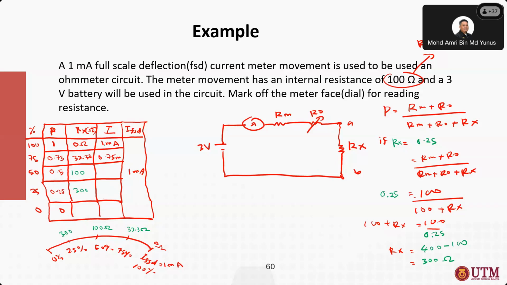I forgot to calculate what is I when P is 25. So P is I over IFSD, equivalent to 0.25 or 50%.